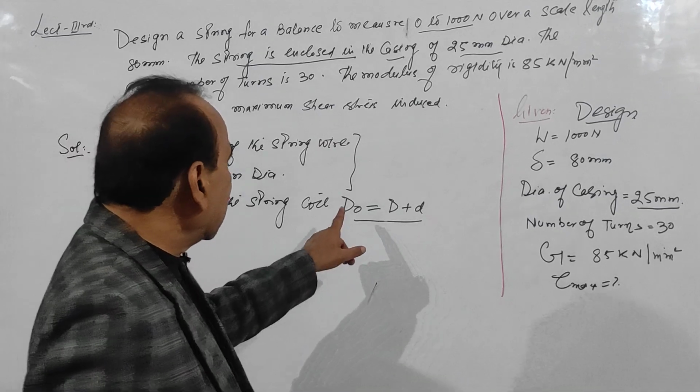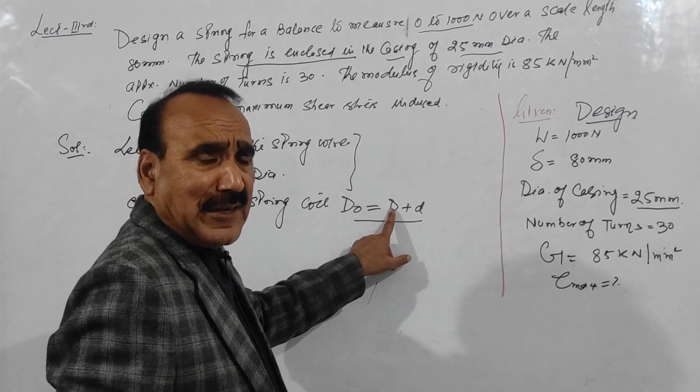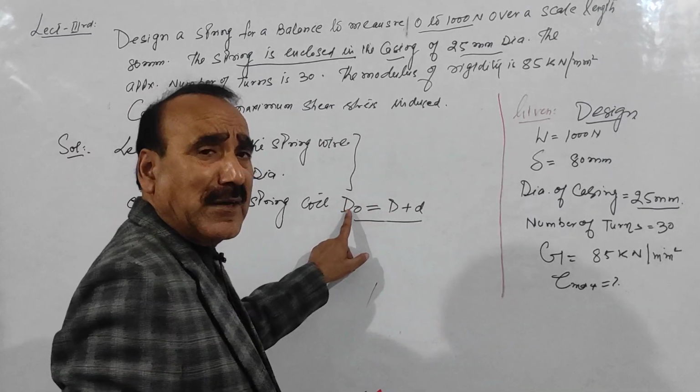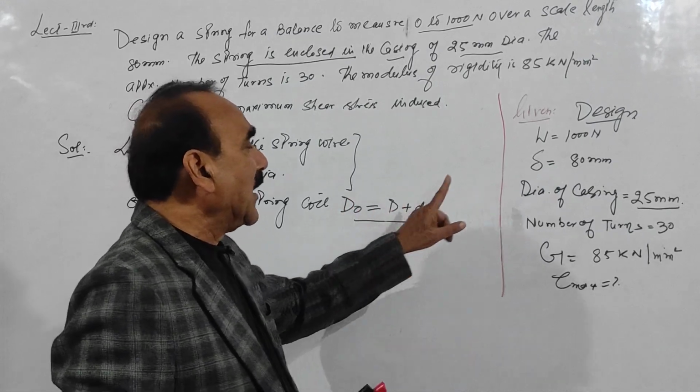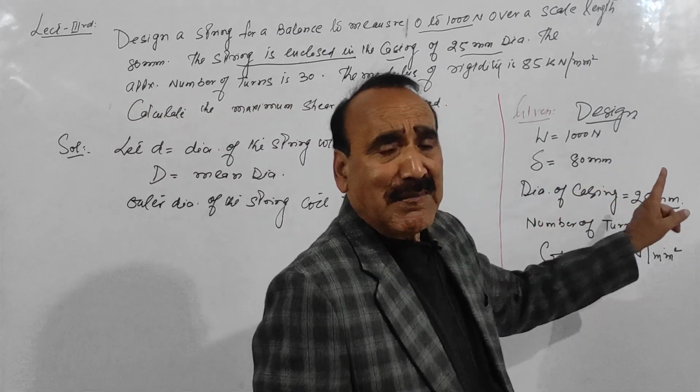So it means the diameter that we will calculate here, the outer diameter of the spring coil, that should be less than the 25 mm.